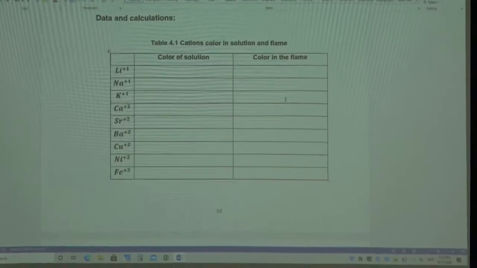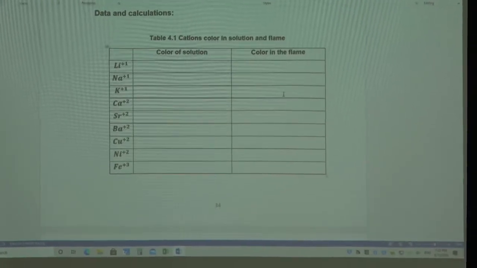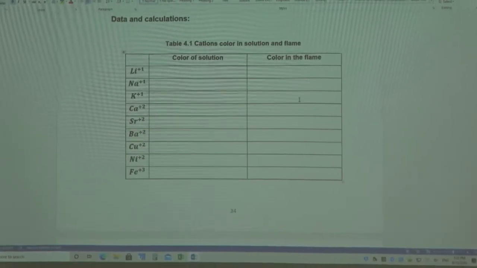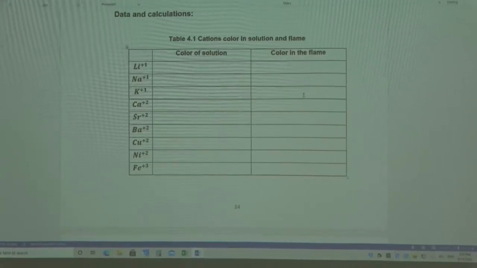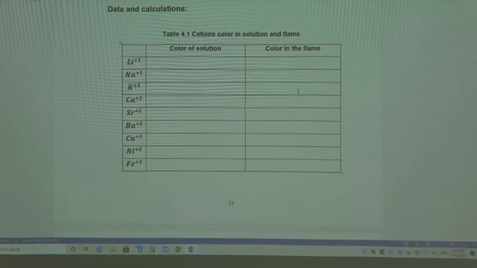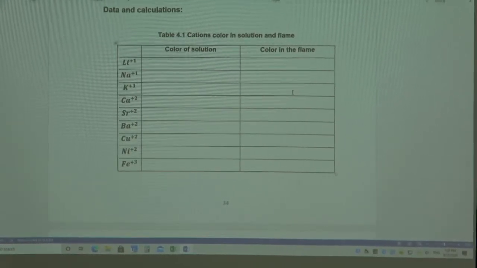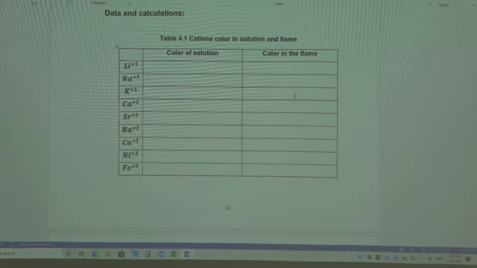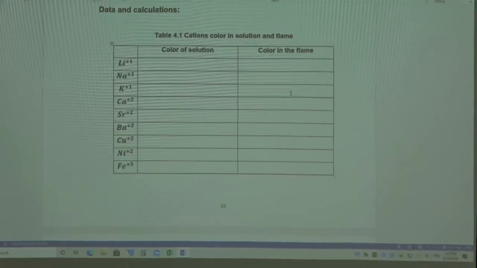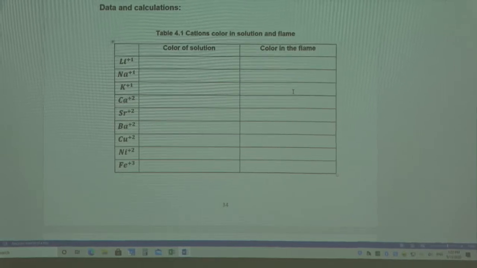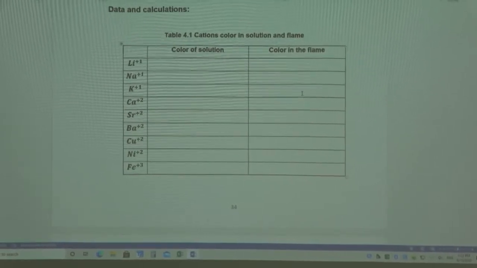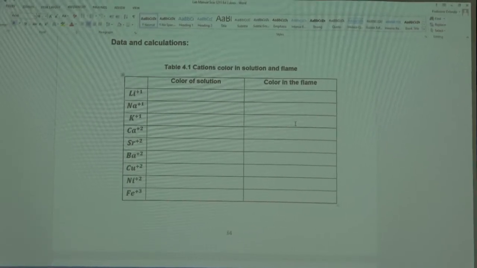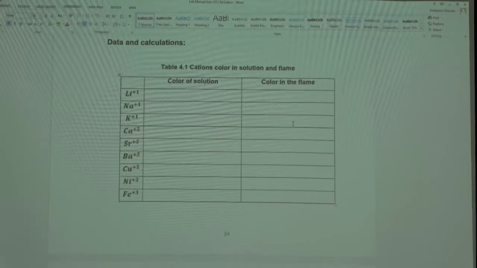In this lab, what we are going to do is a little bit different than in the past one. In this one, you're going to have to do your own observations on the video that we're going to provide you. On the first observation, you're going to look at the color of the solution and the color of the flame for a particular metal.